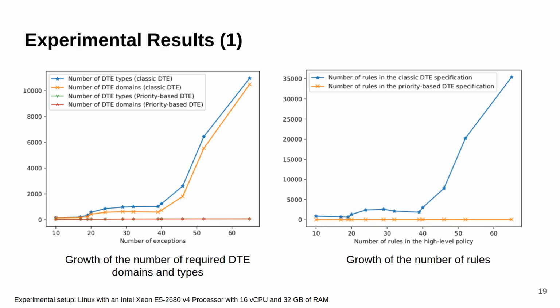When the latter increases from 10 to 60, the number of rules in the priority-based DTO increases also by a factor of 6, while the number of rules required by the classic DTO grows by a factor of 230.